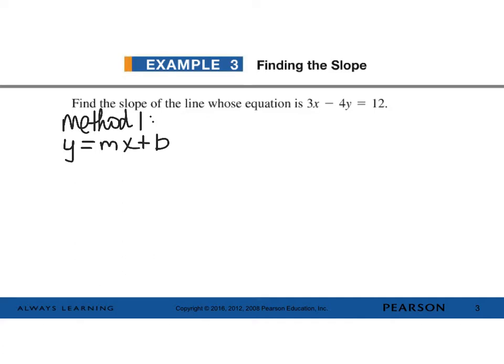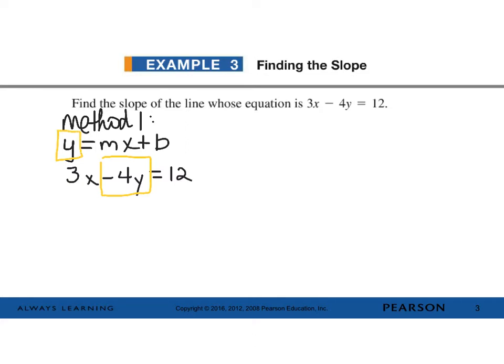And in order to do that, we're going to take the original form of the equation, 3x minus 4y is equal to 12. And the first thing that we're going to do is we're going to try to isolate the term that contains the y, because we want y equals.